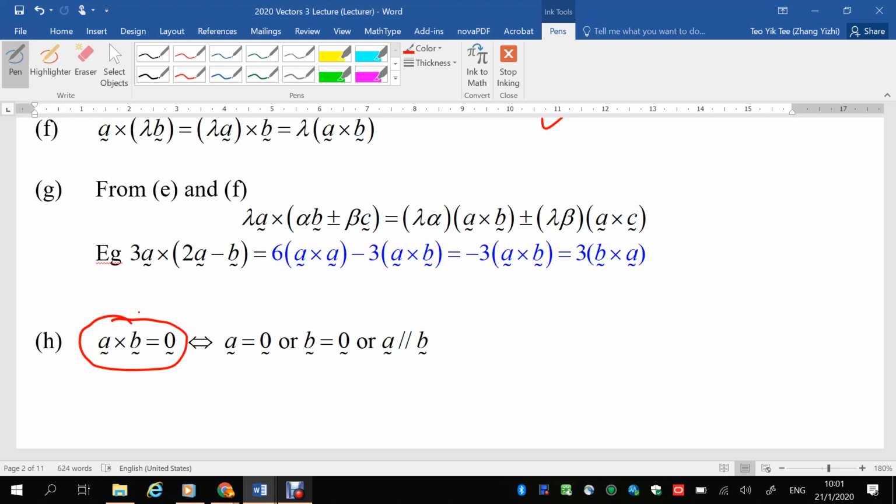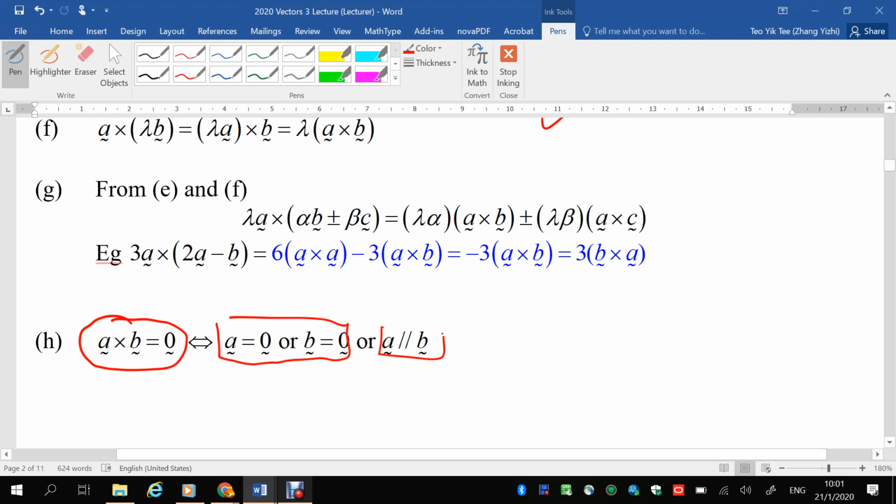Either a is 0, or b is 0, then the cross product will be 0. Or they are parallel. a must be parallel to b, and then you also create a 0 cross product. So it's either this scenario or this scenario. Can you please break it up, because the 'or' may confuse you.